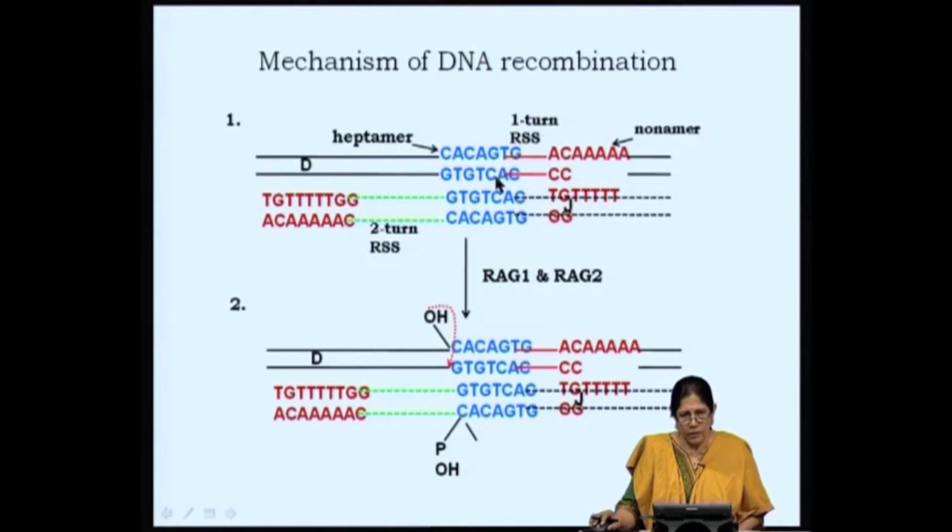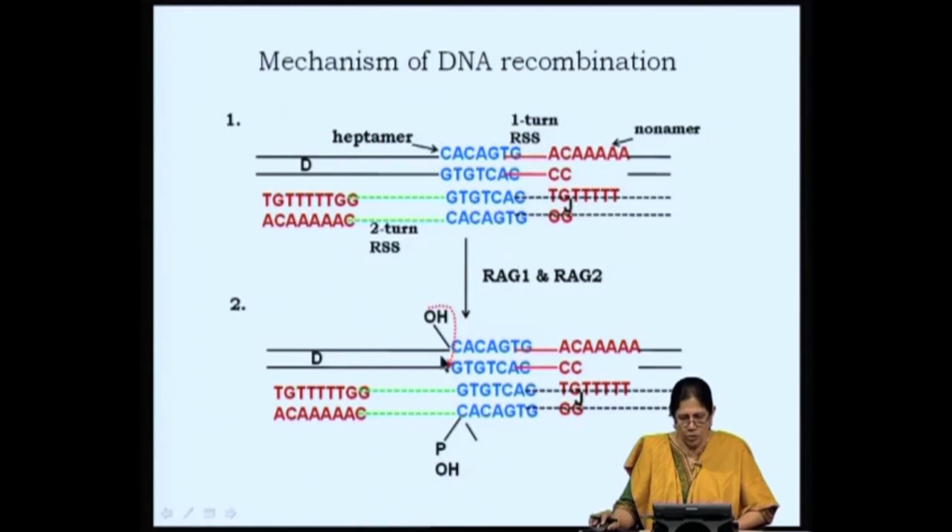So, recognition of the DNA by the enzyme at the RSS, nicking takes place on one strand. This generates a free hydroxyl radical, which now attacks the opposite strand and cleaves the phosphodiester bond.